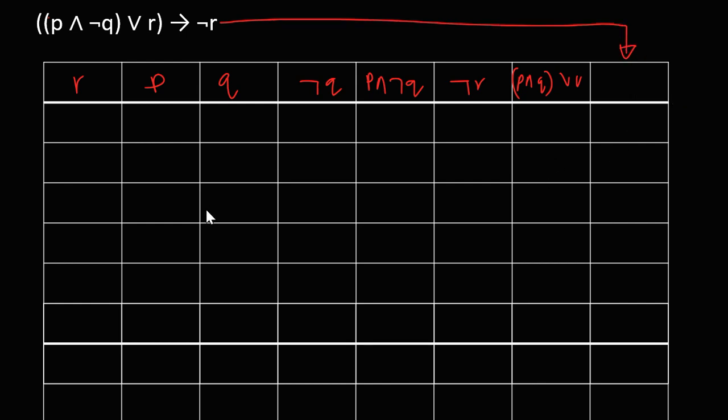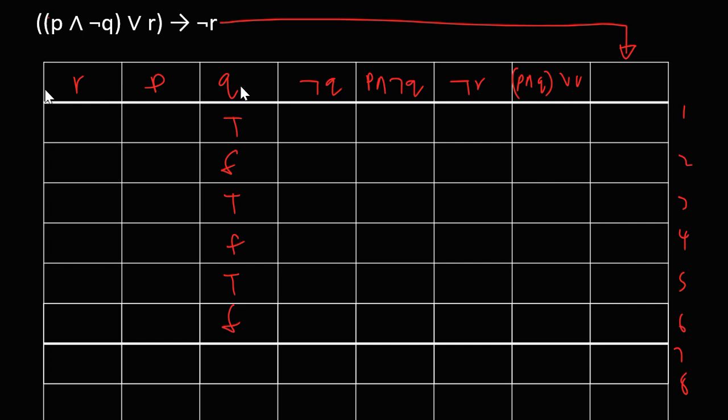So let's start at our bases. This could be true, this could be false, true, false, true, false. How many do I need to have? 1, 2, 3, 4, 5, 6, 7, 8. They need to be 8. You know how I got the number of rows I need to put?